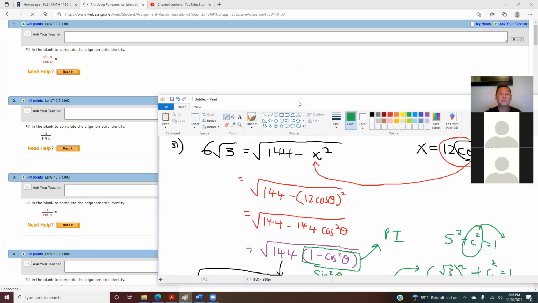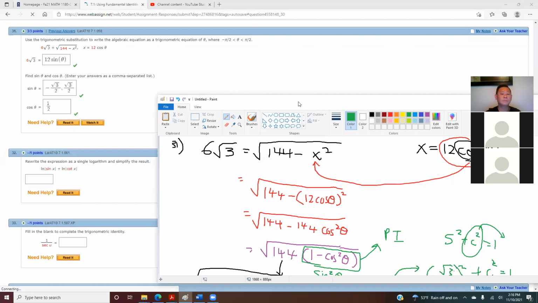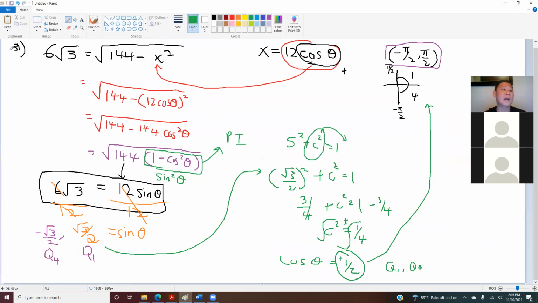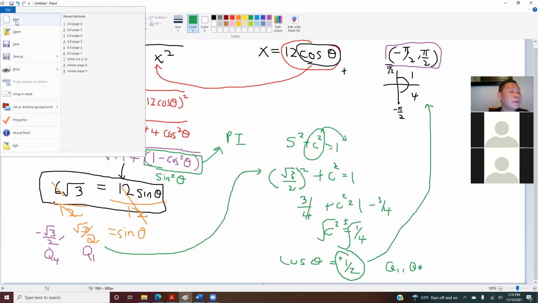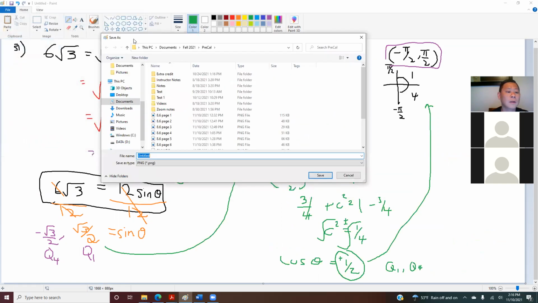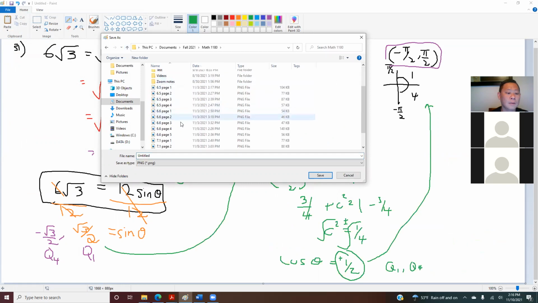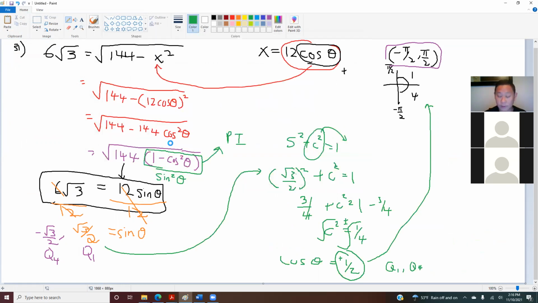Anyone have any questions? You won't see this in your test. Anyone have any questions for me with this? Okay. So this is 7.1.